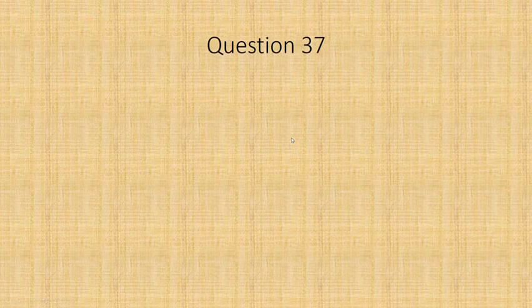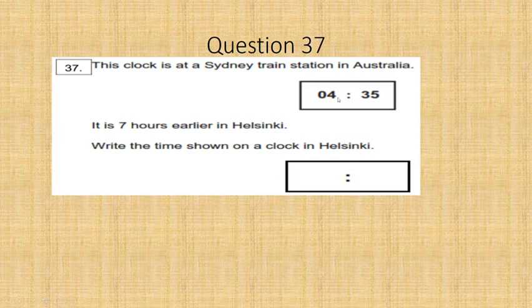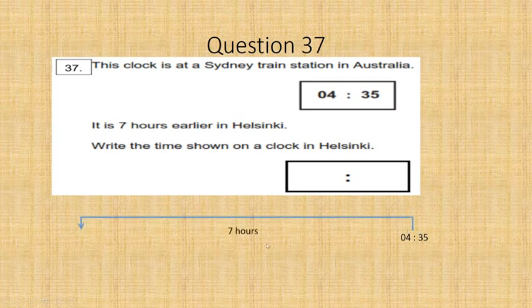Question number 37. This clock is at Sydney train station in Australia. It's 4:35. It's 7 hours earlier in Helsinki. Write the time shown on the clock in Helsinki. So 4:35 is the time in Sydney. I have to go back 7 hours from the time. I have to count back in 24-hour format, please, because this is 24-hour format.